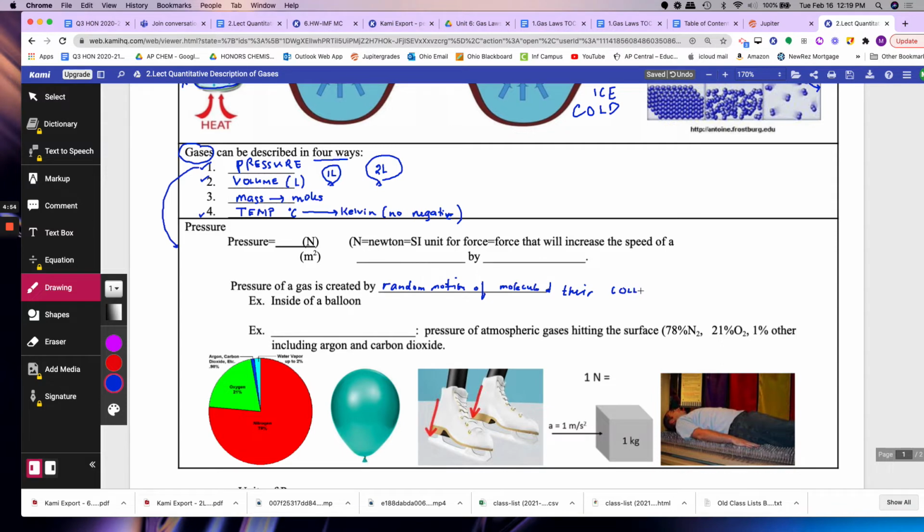So you're watching them or measuring how much they collide with the surface. What you're doing is seeing how much force they're exerting. For example, inside this balloon, that gas molecule or atom, whatever it is, is hitting the sides of the container with a certain amount of force. And it's also hitting it over a certain amount of area.